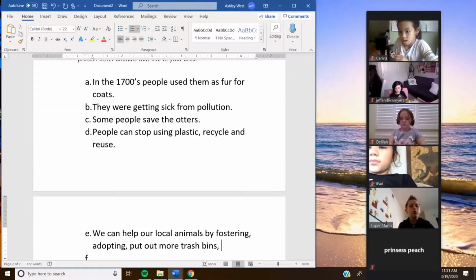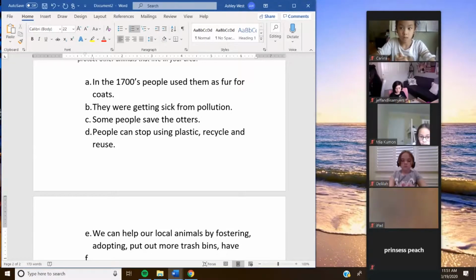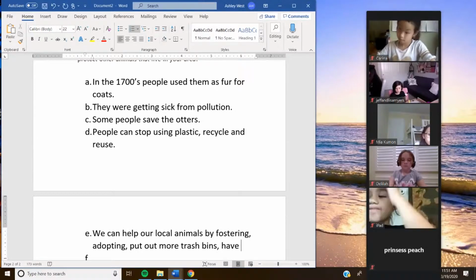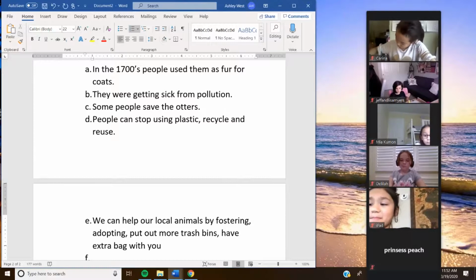I love that idea. An extra pocket with a zip up that you can put trash in. That's a great, kind idea to help reduce littering. So put out more trash bins, have an extra bag with you. Okay, that's a really good idea.